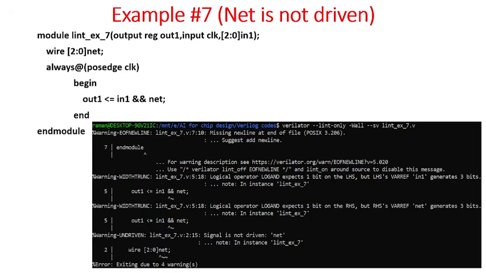That is really wrong. We are working on 3 bits to produce output bit 1. Similarly, logical and expects 1 bit on RHS, but RHS net generates 3 bits. That is also wrong. Signal is not driven. Net is not driven. So it has captured all the required linting errors.